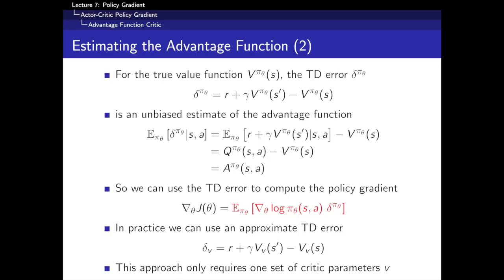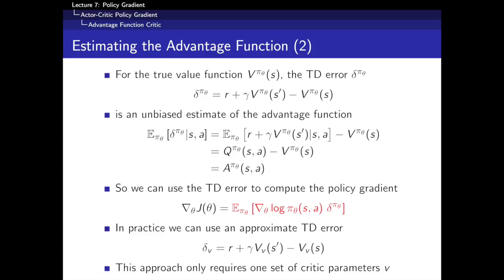It uses the following idea, which is that the TD error is a sample of the advantage function. So consider the following TD error, this delta pi thing here. If we knew the true value function v pi, then the TD error is equal to the reward plus the discounted true value at the next state minus the true value in the state I'm in.